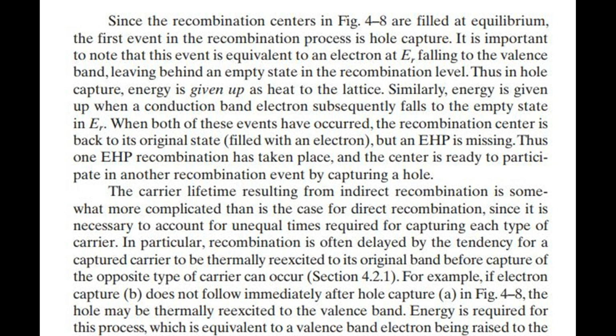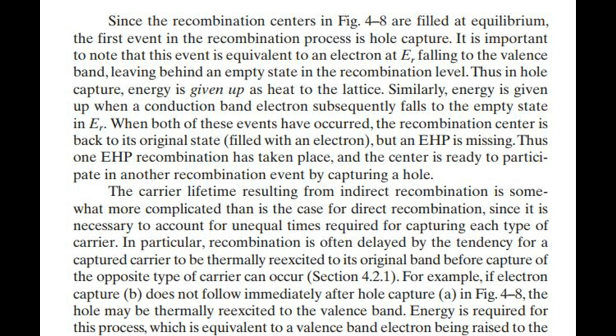The carrier lifetime resulting from indirect recombination is somewhat more complicated than is the case for direct recombination, since it is necessary to account for unequal times required for capturing each type of carrier. In particular, recombination is often delayed by the tendency for a captured carrier to be thermally re-excited to its original band before capture of the opposite type of carrier can occur, section 4.2.1.